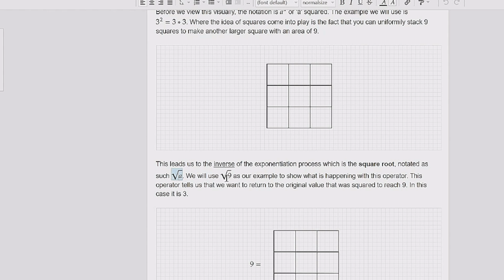And this check mark looking notation tells us that we want to take the square root of our value 9 here. And all that is telling us is to go back to the original number of squares that made up this 9 if we were to square it. If we were to square that original number of squares, we get 9.